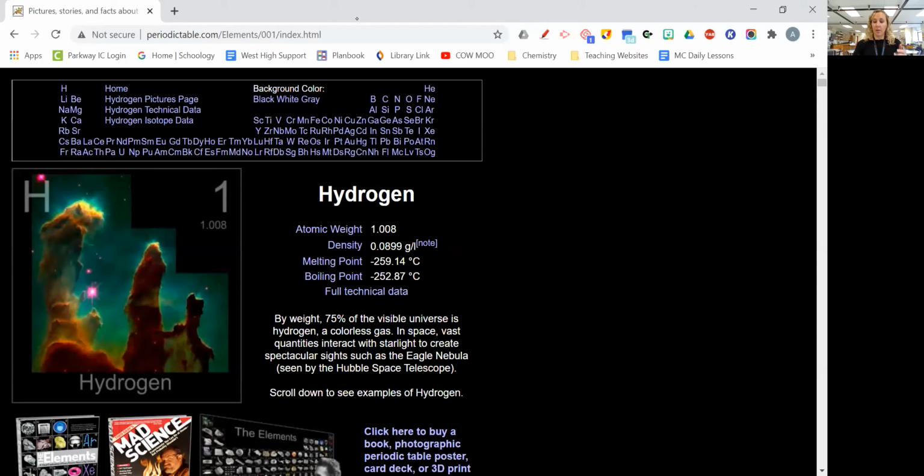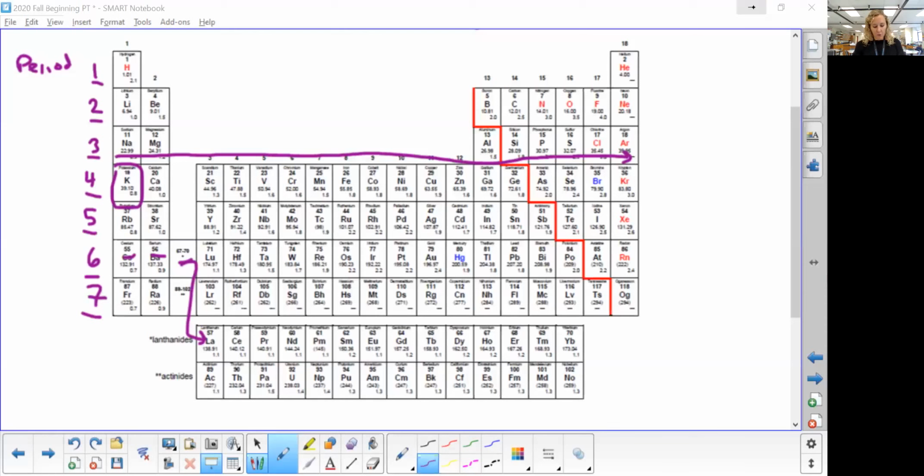Most periodic tables that fit on one page move these boxes down here so that it's not quite as long. We could cut and paste this and make it super wide, like you just saw.